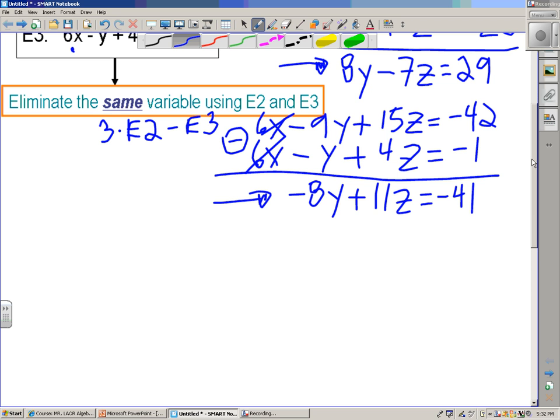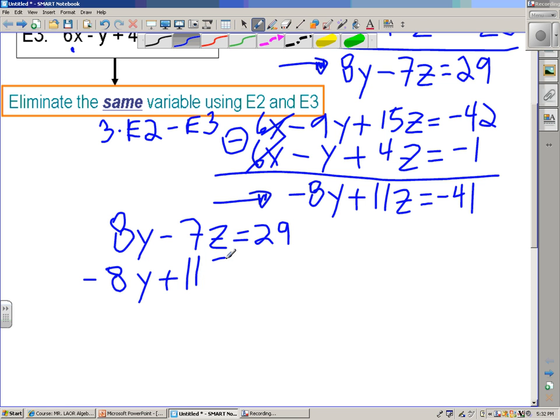The first equation in the system is 8y minus 7z is equal to 29. The second one is negative 8y plus 11z is equal to negative 41. We'll add the two.